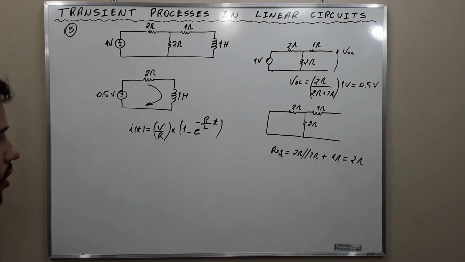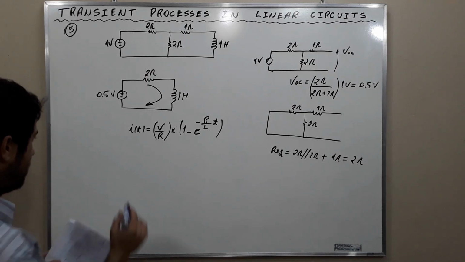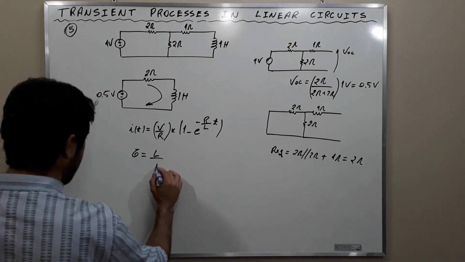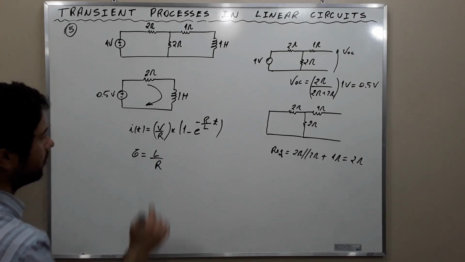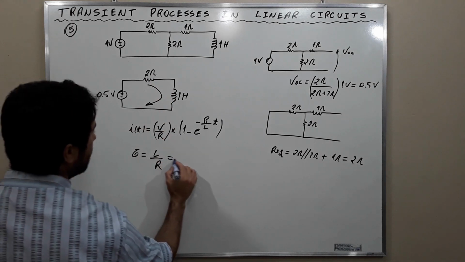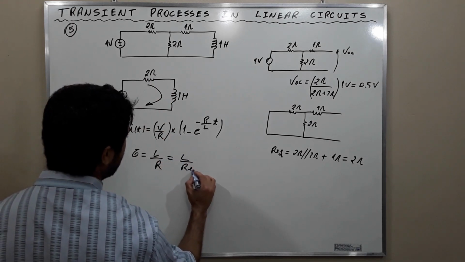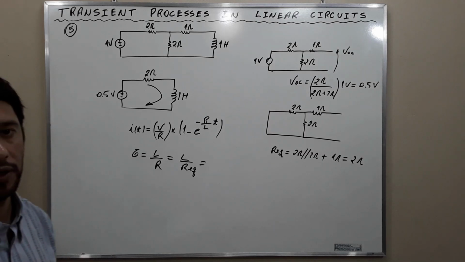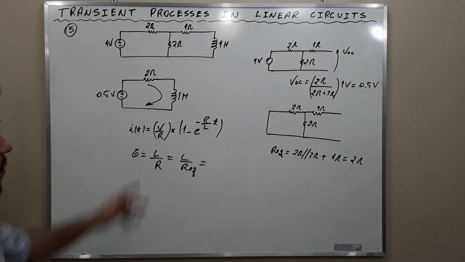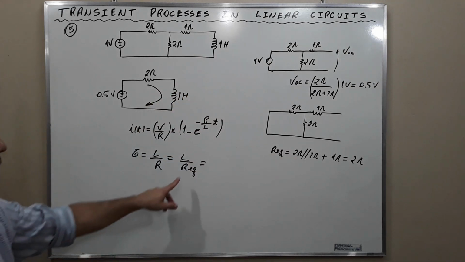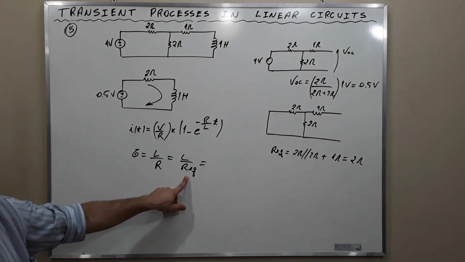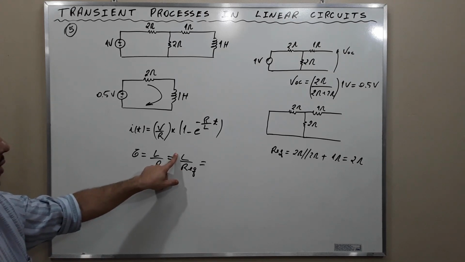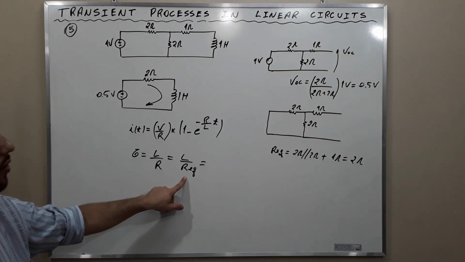The time constant of the circuit is L over R. In this case here, L over R equivalent. If you are participating in an exam and you don't have time to do all this, you can simply memorize that the time constant is going to be the inductance divided by the equivalent resistance.